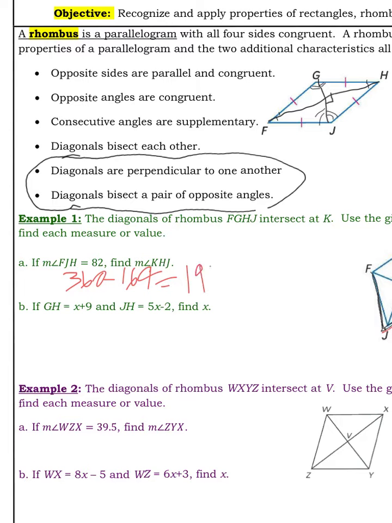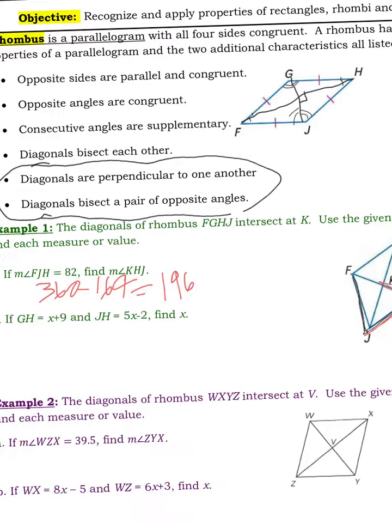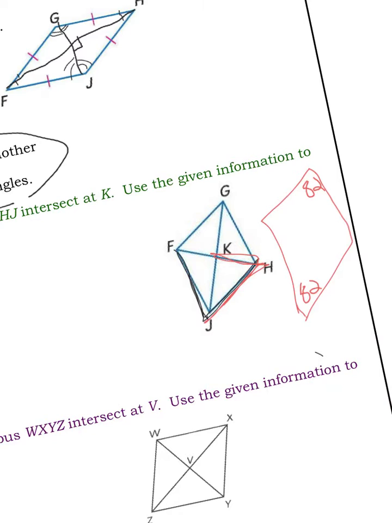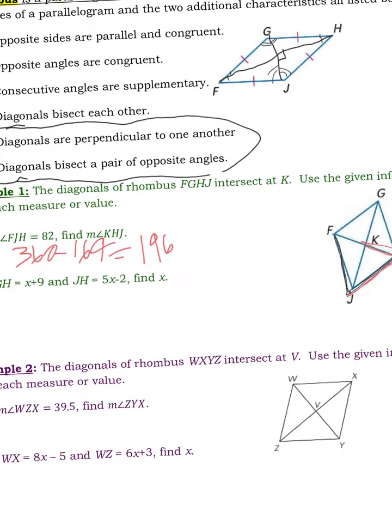And so that says 196 is these two angles here, which are congruent to one another. So I'm going to cut 196 in half, and I get 98 degrees.